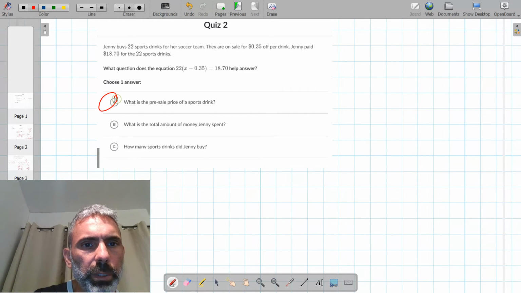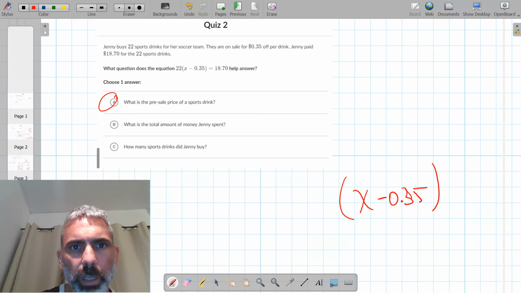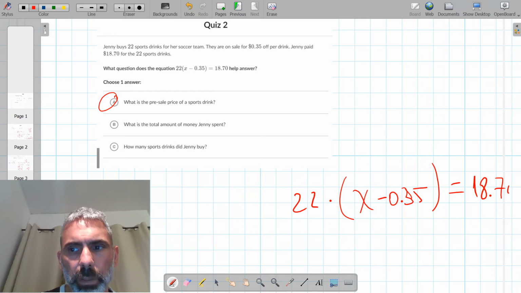What is the pre-sale price of the sports drink? We know that there was a 35 cents discount on this price, so x minus this discount is the price of this drink, and she bought 22 of these drinks, and she paid a total of $18.70.